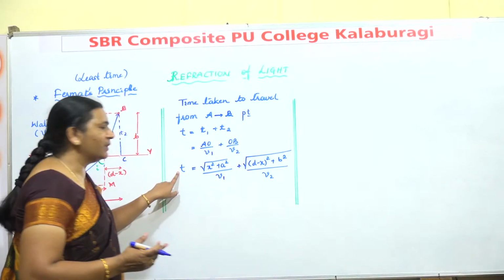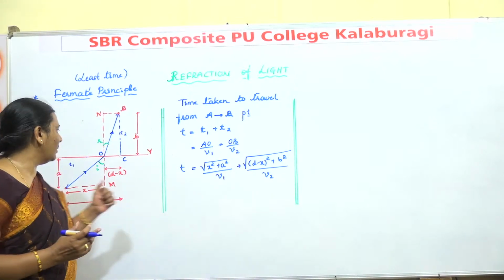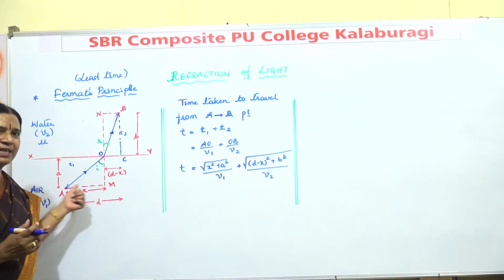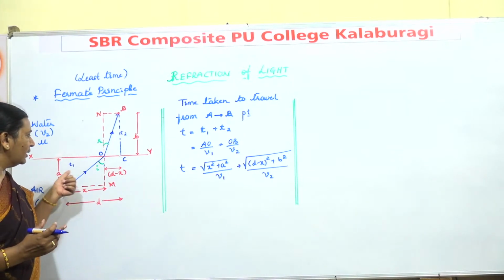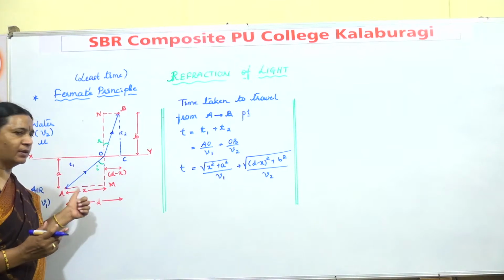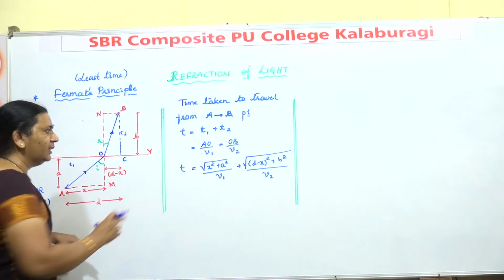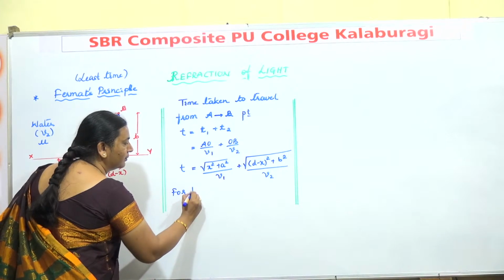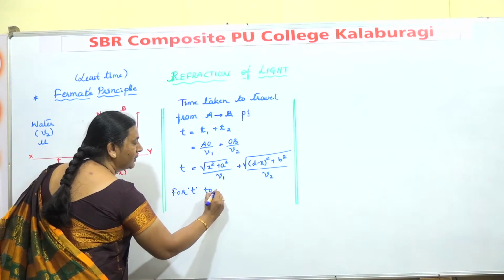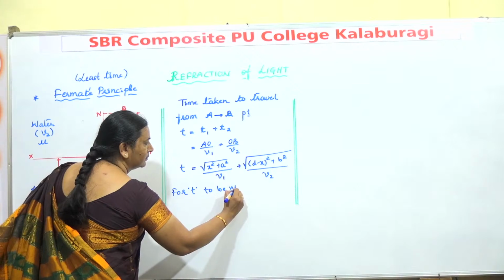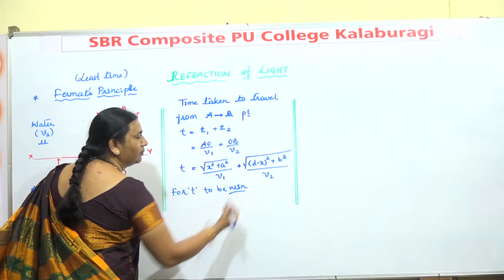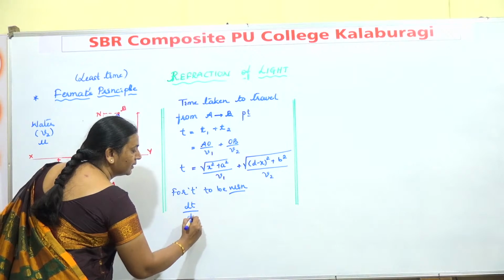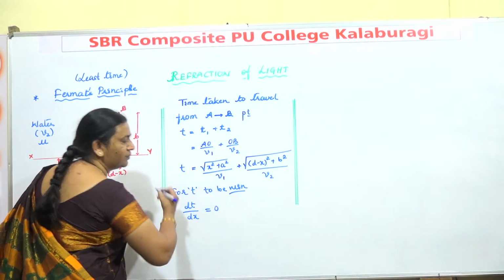Now we are checking with respect to what? This time is going to be decided based on how much x you are choosing, because your AO and OB depend on x. Then what is the condition? For t to be minimum, dt by dx should become equal to 0.